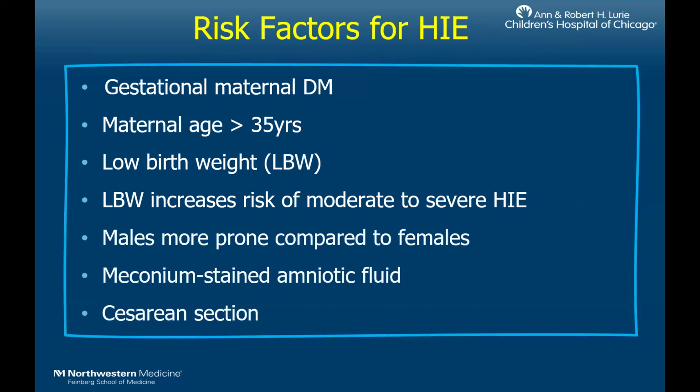And studies have found that males, for some reason, are more prone to this entity versus females. And if there is any evidence of meconium staining within the amniotic fluid, that is a major risk factor for birth asphyxia. Caesarean section has also been found to be an independent risk factor for HIE.